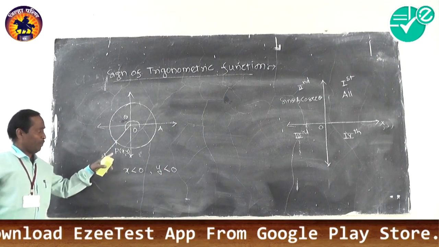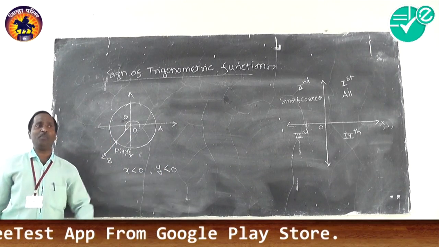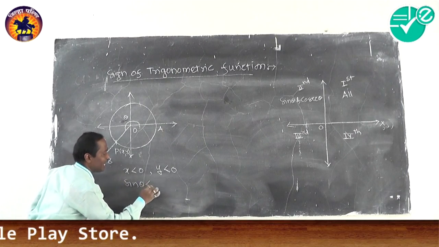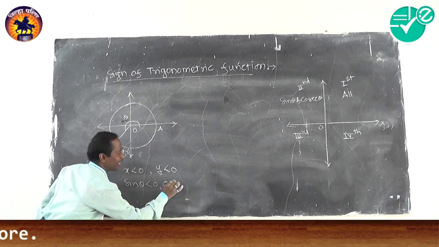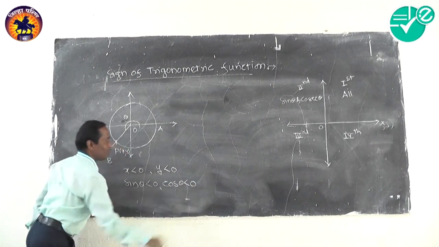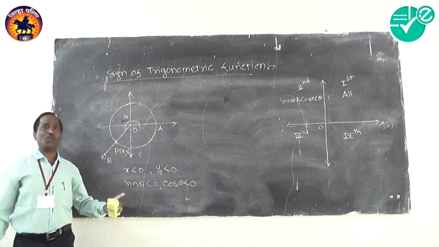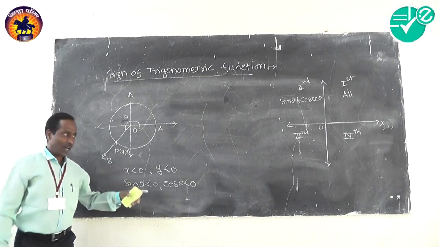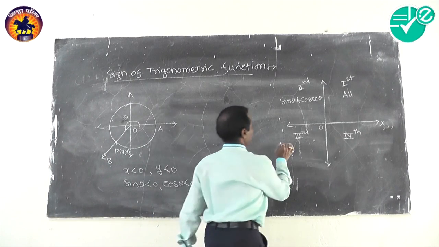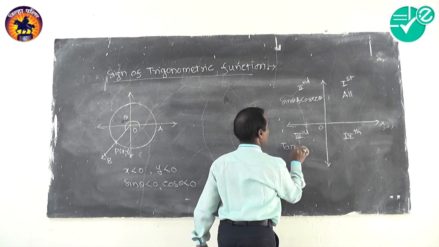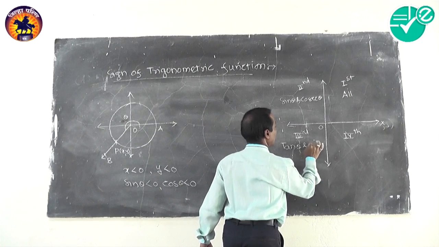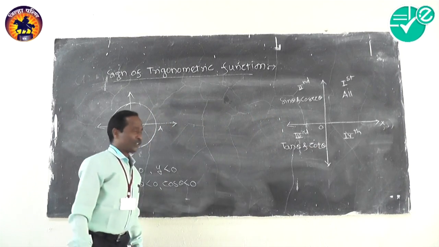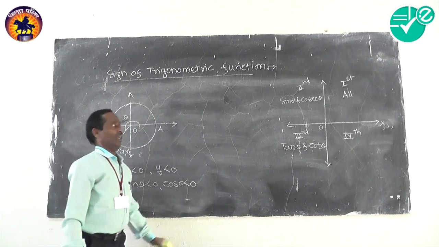The x and y coordinates of point P are negative, so sin theta is less than 0 and cos theta is less than 0, and the ratio of two negative numbers is positive. Tan theta and cot theta are positive and the rest of the trigonometric ratios are negative.